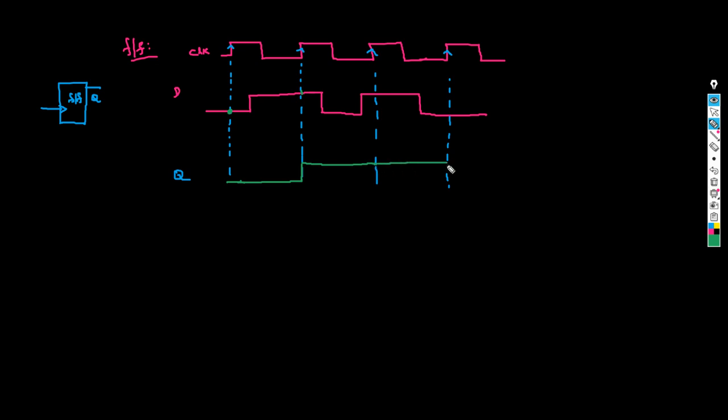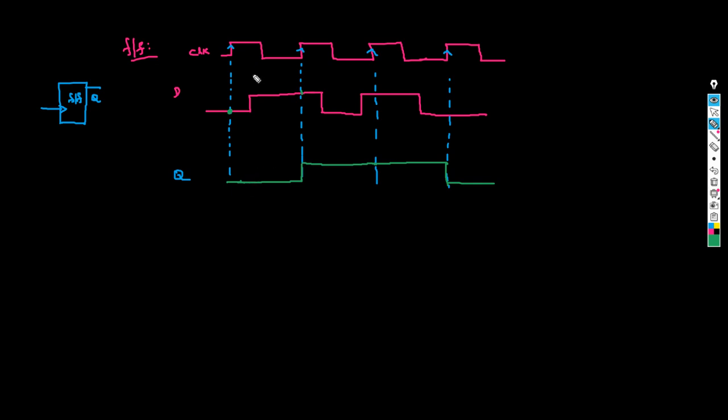It would continue till here, and then it would actually go down. So what is the secret here, or how do you do this? Just mark the edge, and exactly look at your D near that place, and then mark that, so logic 0 here, go all the way till the next edge.